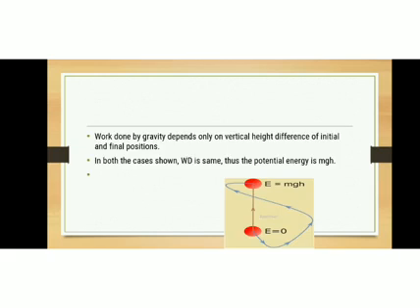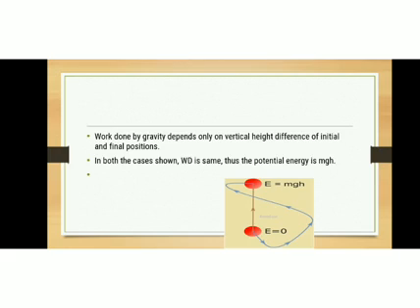Now, this work done by the gravity depends only on the vertical height difference of initial and final positions. Okay, so that means the work done in raising an object from one point to another point depends only on the height difference between the initial and final position. It is not affected by the path chosen to raise the object from initial point to the final point.